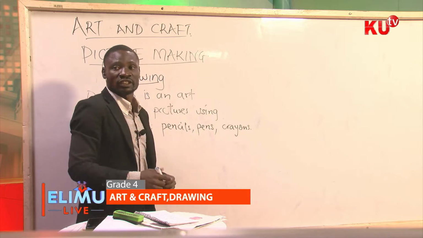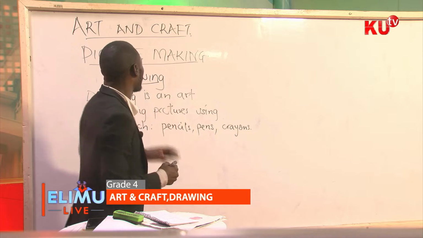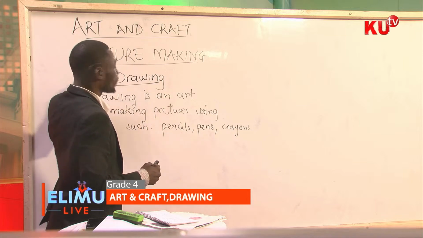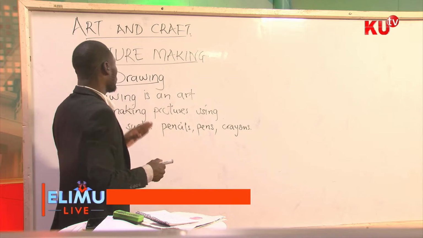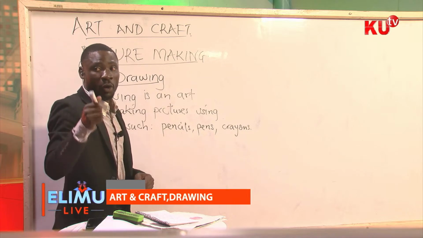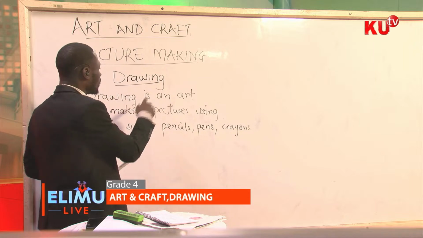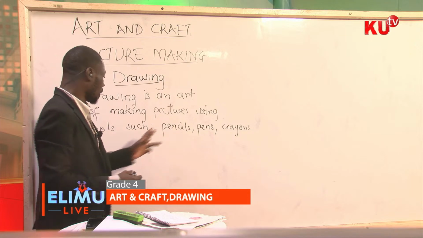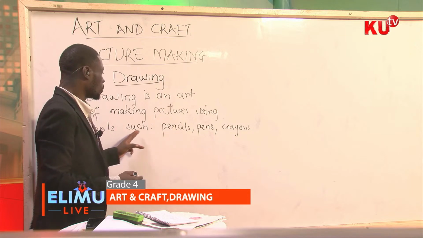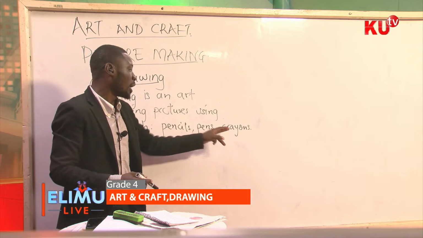Smudge technique is the substrand that we are going to talk about today. I was just introducing this topic, that is picture making, the first unit of grade 4 art and craft. Drawing is a skill, one of the ways of making pictures. And you have said that drawing is an art of making pictures using tools such as pencils, pens, and also crayons.